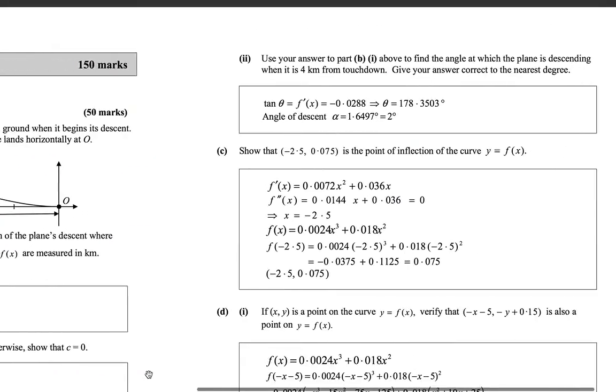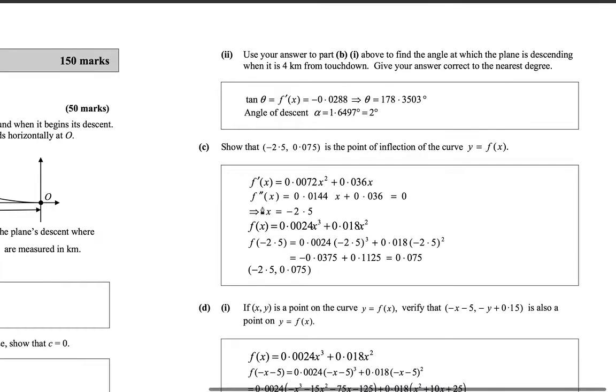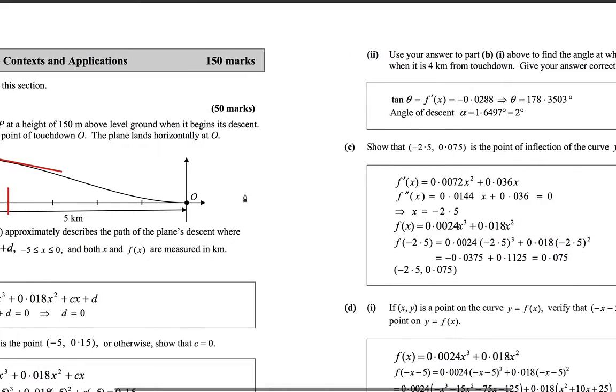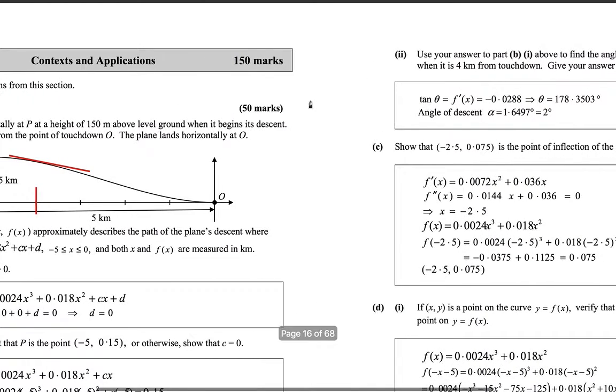Next part here, using your answer from part B1, find the angle at which the plane is descending when it is 4 kilometers from touchdown. So 4 kilometers from touchdown is here, where we got the slope. Now the angle you get from the slope, tan of that angle is equal to the slope. That's always true. Tan of the angle here is equal to the slope.